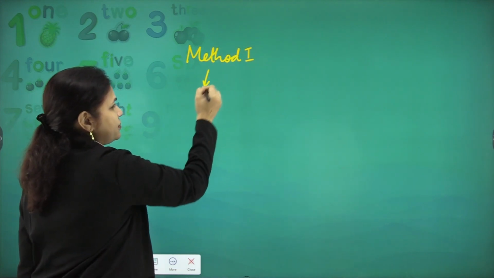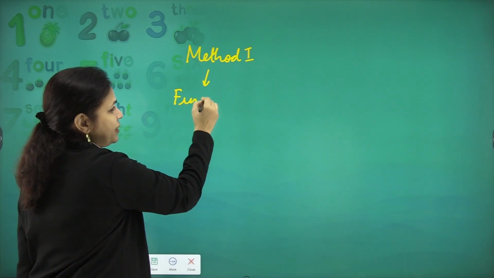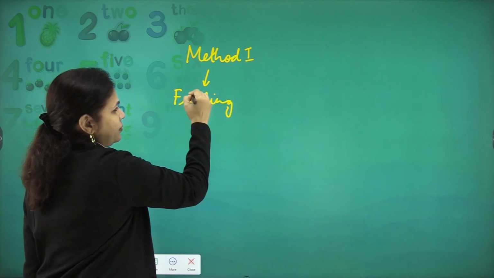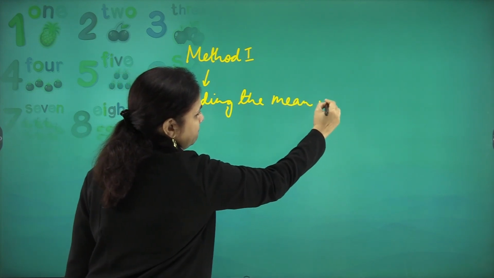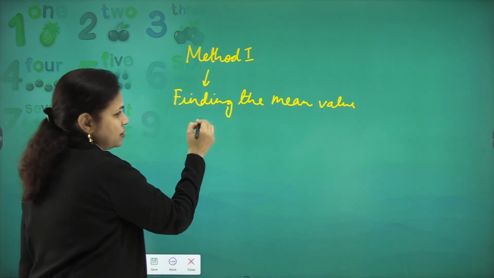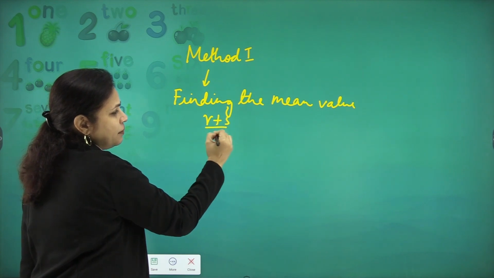Method 1 was finding the mean value, which was r plus s upon 2.